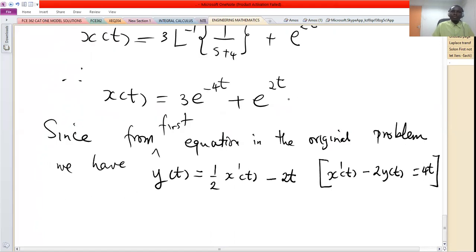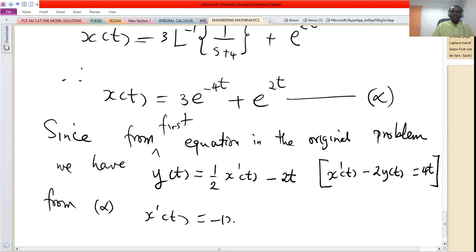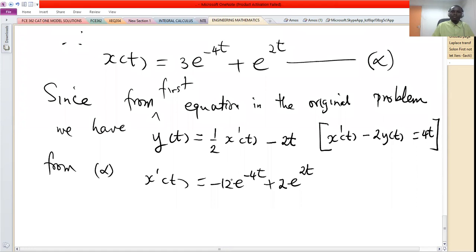So therefore, if maybe I will call this equation alpha. So from alpha, x prime of t, just differentiating this one, we have minus 12 e raised to the power minus 4t, and then this will give us 2 e raised to the power 2t. So therefore, I simply replace this derivative at this point to get the function y.